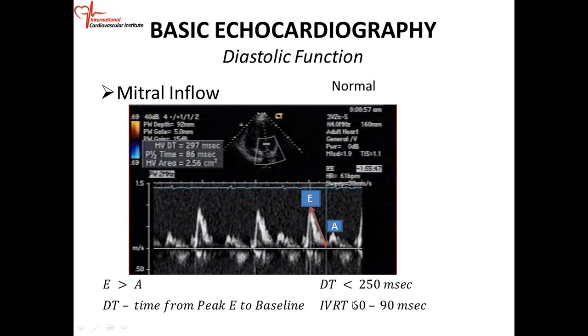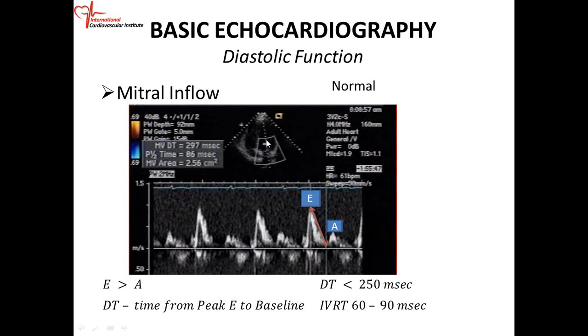And then your IVRT, isovolumic relaxation time. It is usually from where the LVOT envelope ends to where the E begins. To get proper IVRT measurements, your sample volume has to be about right here, between the mitral and the aortic valve.